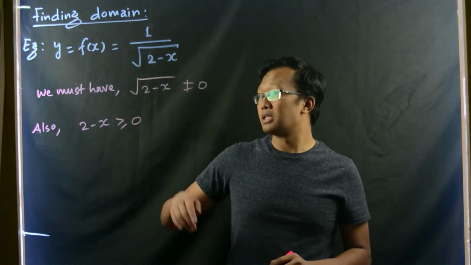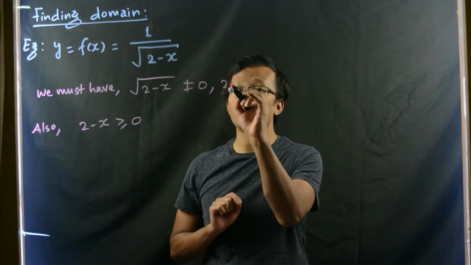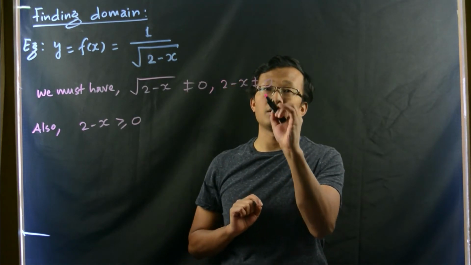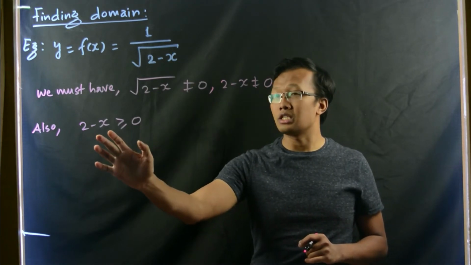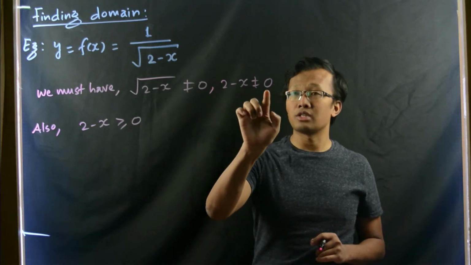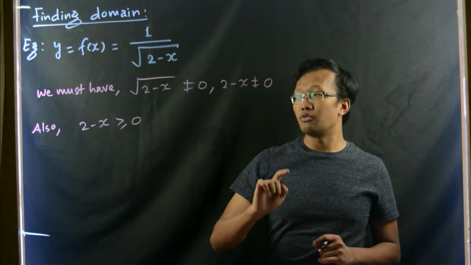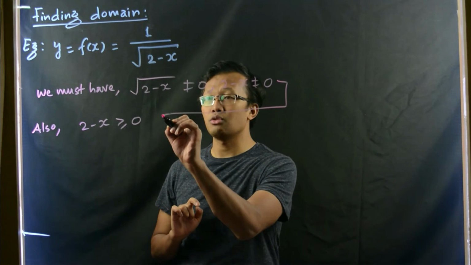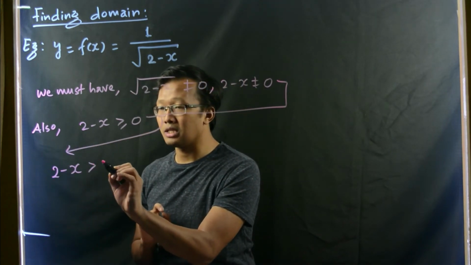So we know that root under 2 minus x must not be 0, which means simply 2 minus x must not be 0. Let us combine this statement and this statement, where 2 minus x is not equal to 0 and 2 minus x is greater than or equal to 0. Combining these two will give us 2 minus x is greater than 0.